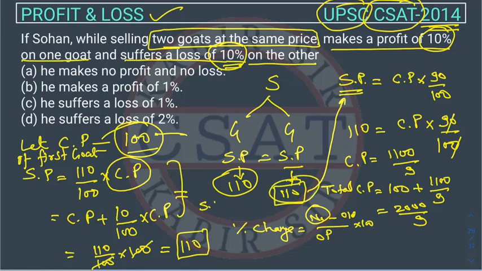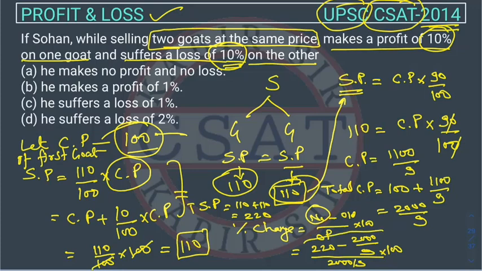So what will be the total selling price? 110 plus 110, so it will be 220. So the change will be 220 minus the total cost price, 2000 upon 9, upon 2000 upon 9 into 100, right? I hope till here it is understood.